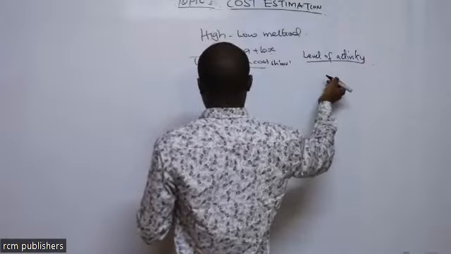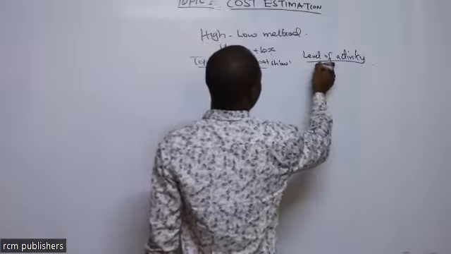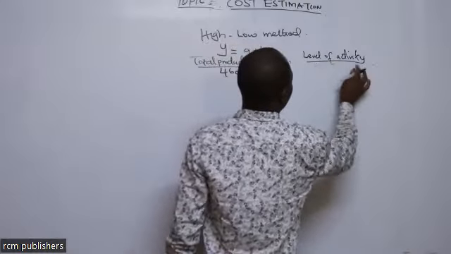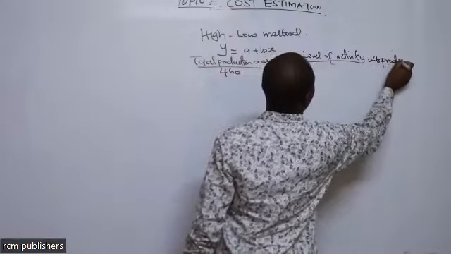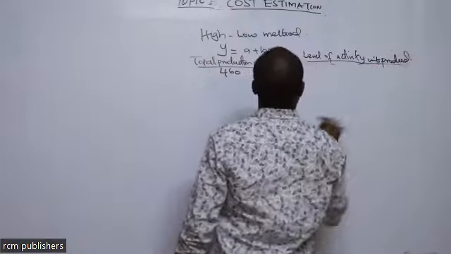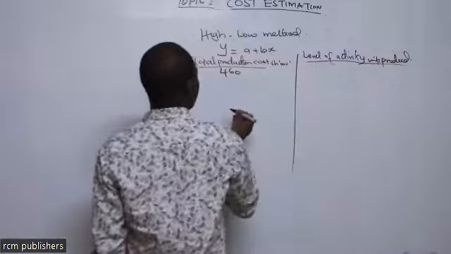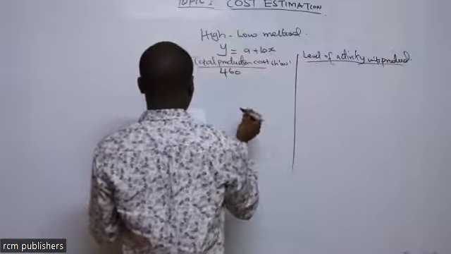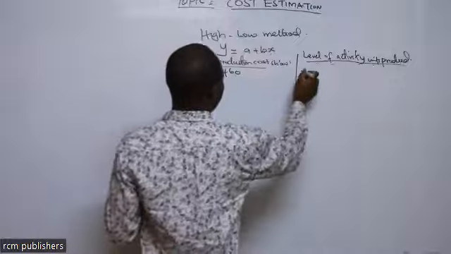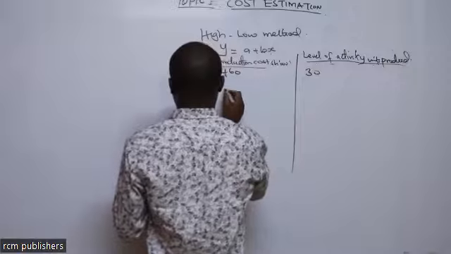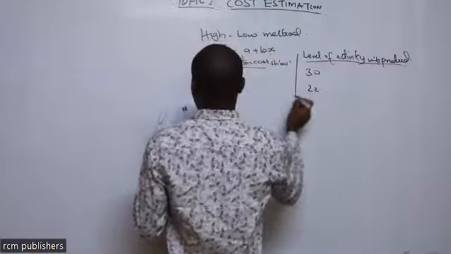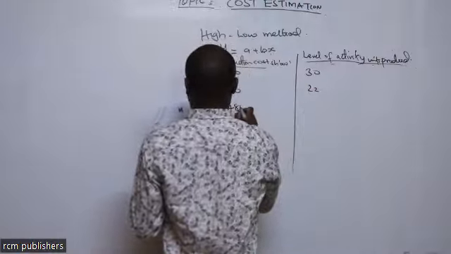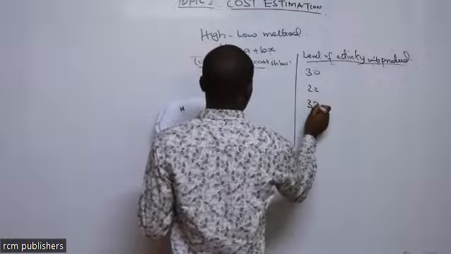And then this one here is given in units produced. So that is what we have there. Of course, they are only those 2 columns. So the first one is 460 against 30. We have 300 against 22. We have 480 against 33.